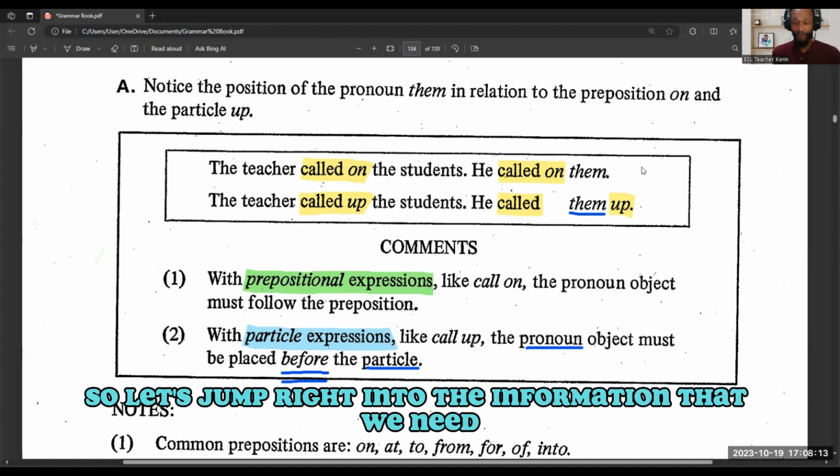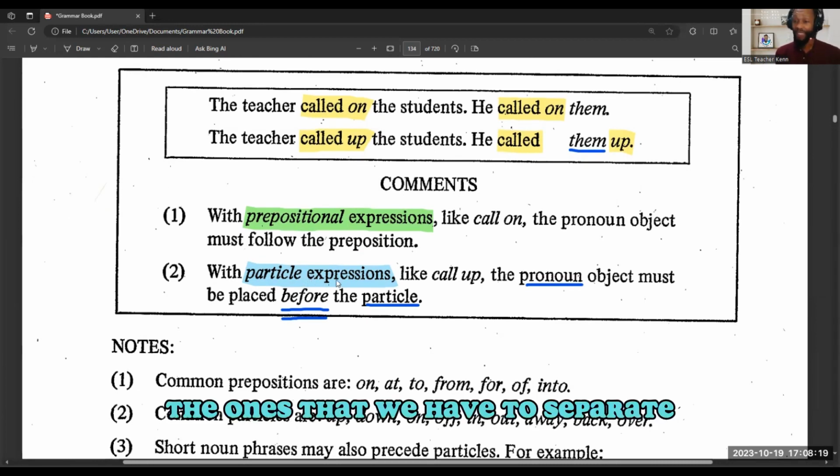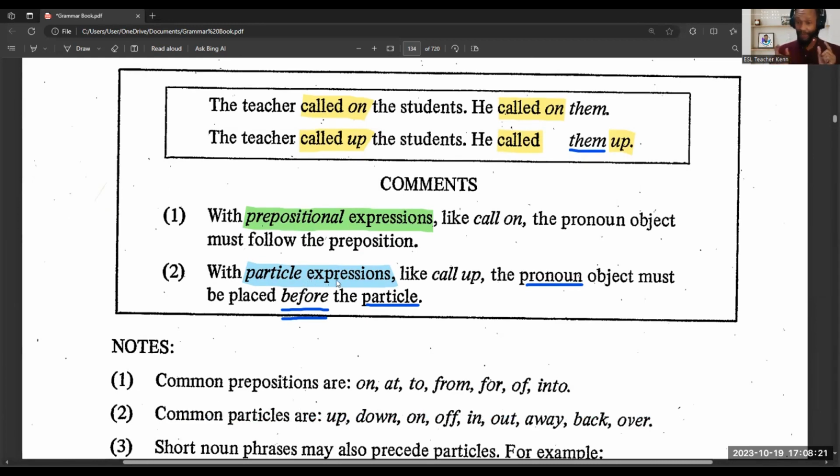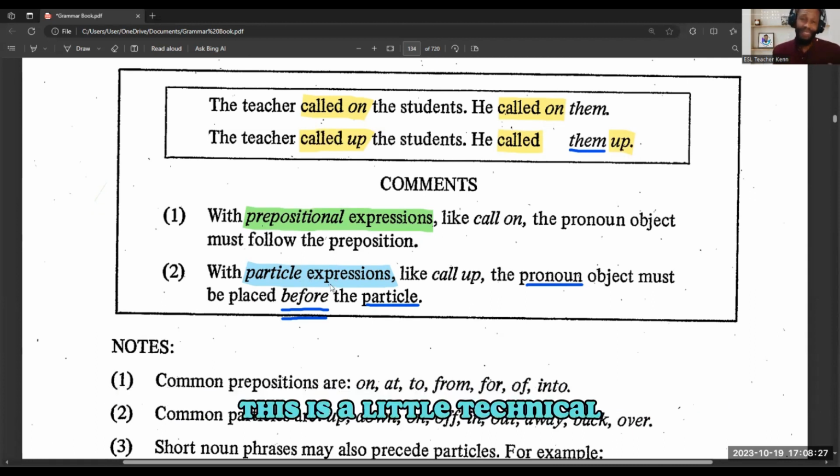So, let's jump right into the information that we need. The ones that we have to separate are the ones we call particle expressions. This is a little technical, so I don't like giving you too much of the technical stuff.